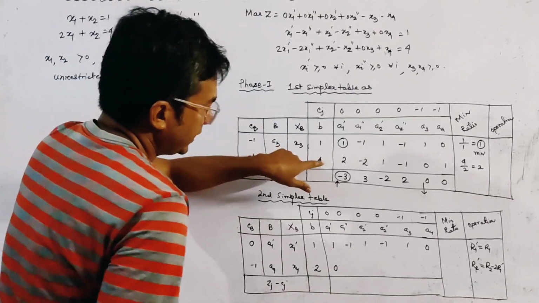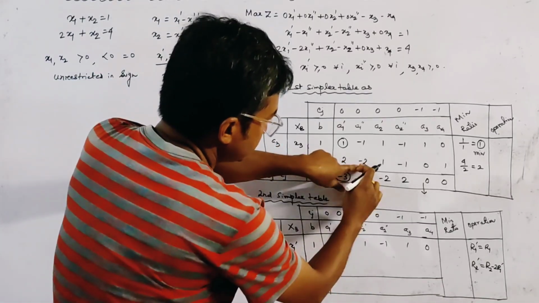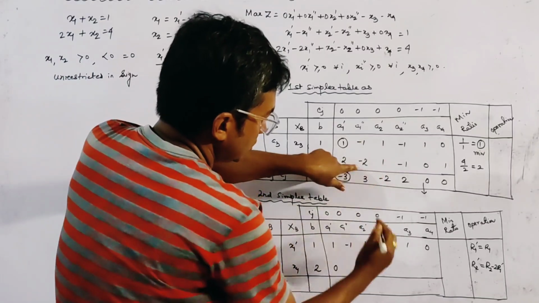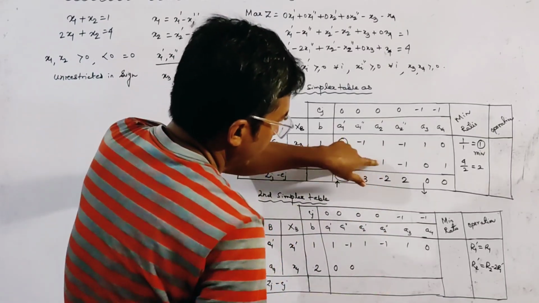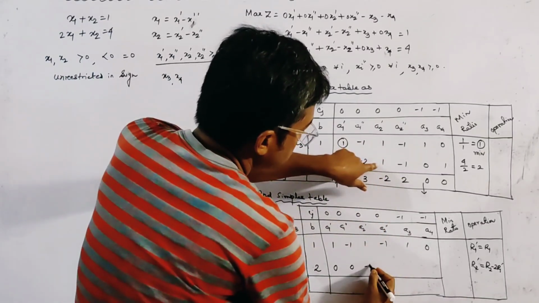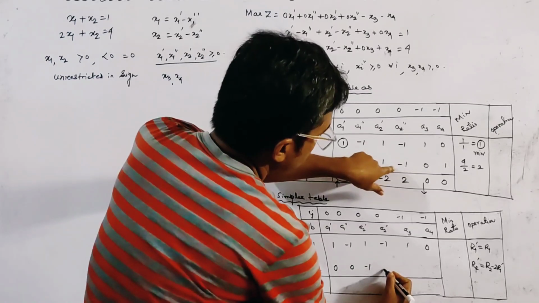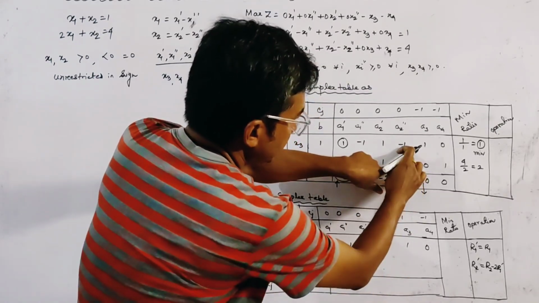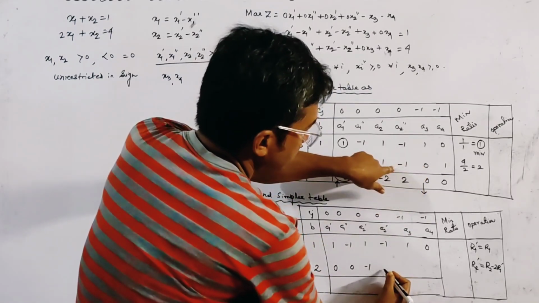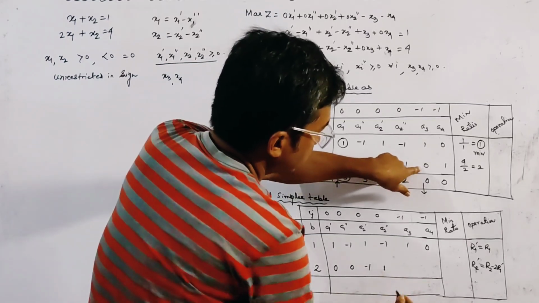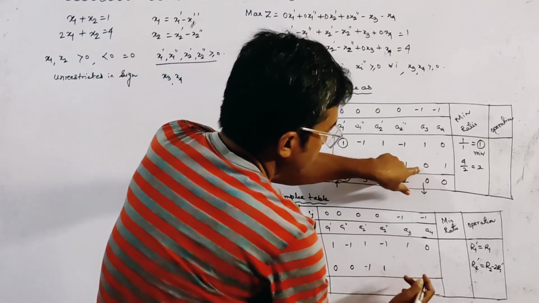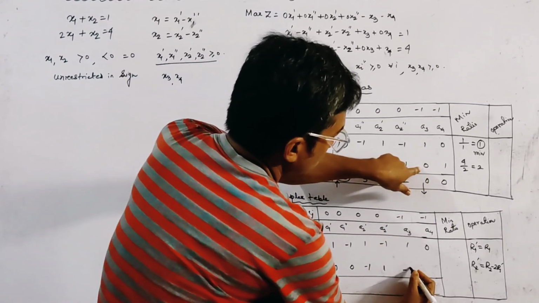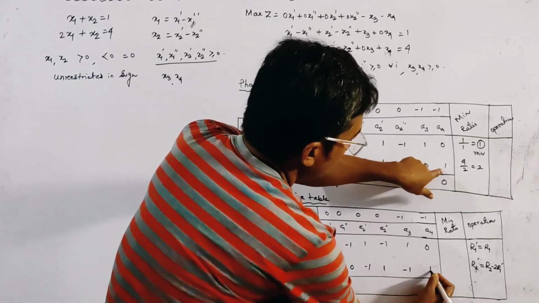So we get this element is 0, and this is 4 minus 2 into 1, this is 2. And minus 2 minus, this is 0, and 1 minus 2, this is minus 1, this is also minus 1 minus 2 into 1, this is equal to 1, and this must be minus 1, this is 1.